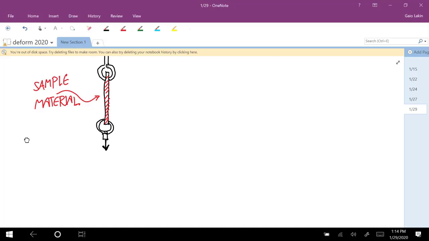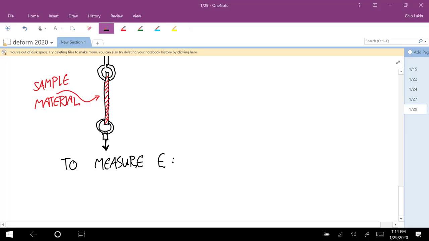So first let's talk about how to measure Young's modulus. To measure the Young's modulus, you measure the stress, and I'll call it the XX stress, where I'm using a coordinate system with the x-axis that way.